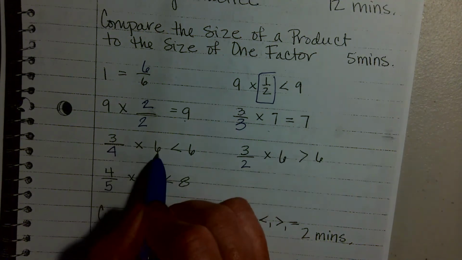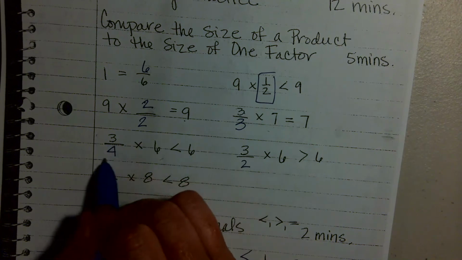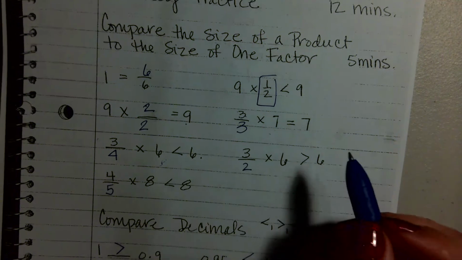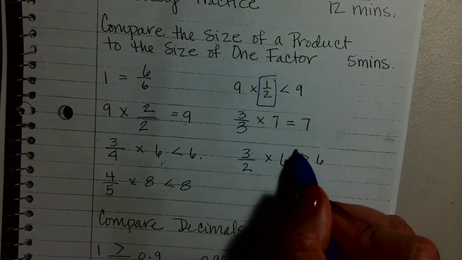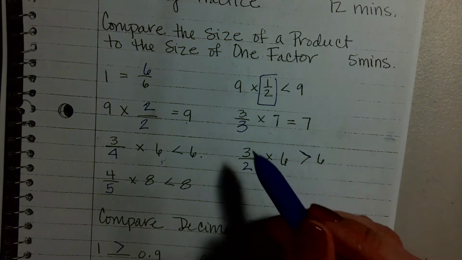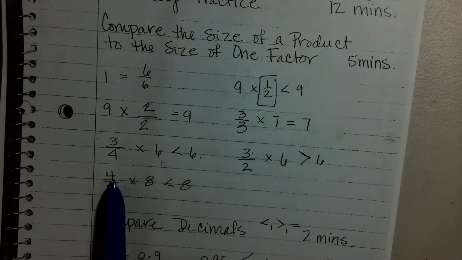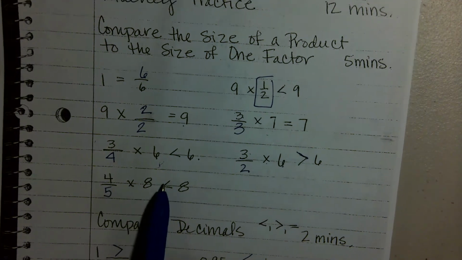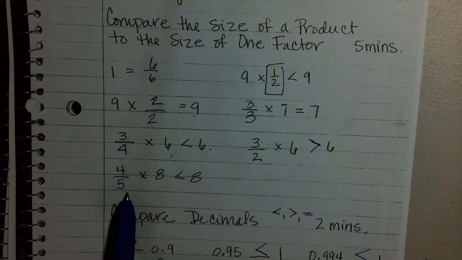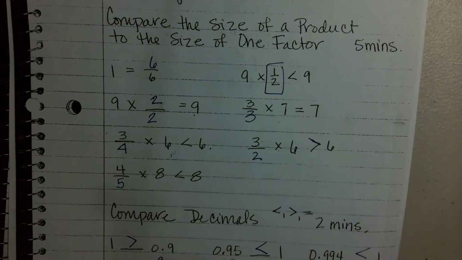Then we have 3/4 times 6. If we're multiplying by a number less than 1, our number is going to end up being less than 6, right? 3/2 times 6 is going to end up being greater than 6, because our scaling factor is greater than 1. Then I have 4/5 times 8, which is going to give us a number less than 8, because 4/5 is less than 1, right?